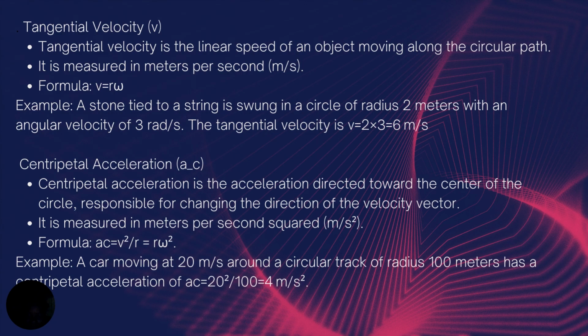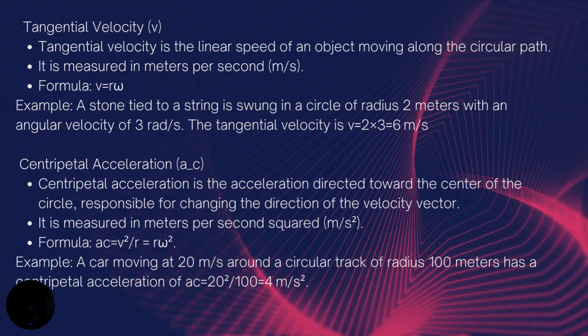An object undergoing uniform circular motion has constant speed because that object is covering equal distance, the circumference of the circle, in equal time. So the speed is constant, but the velocity is constantly changing.